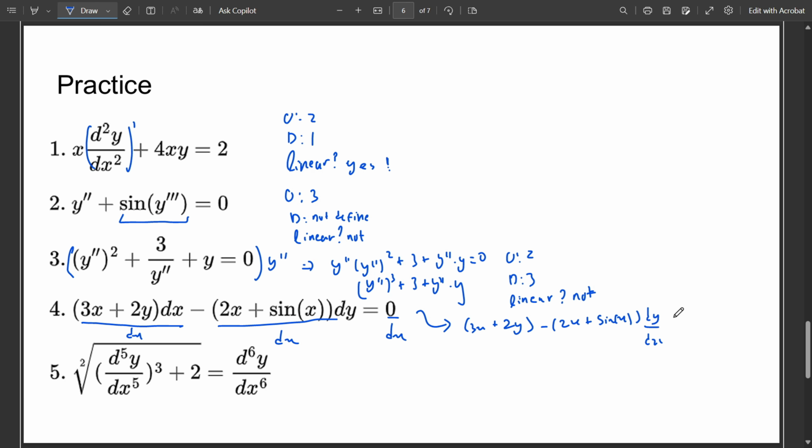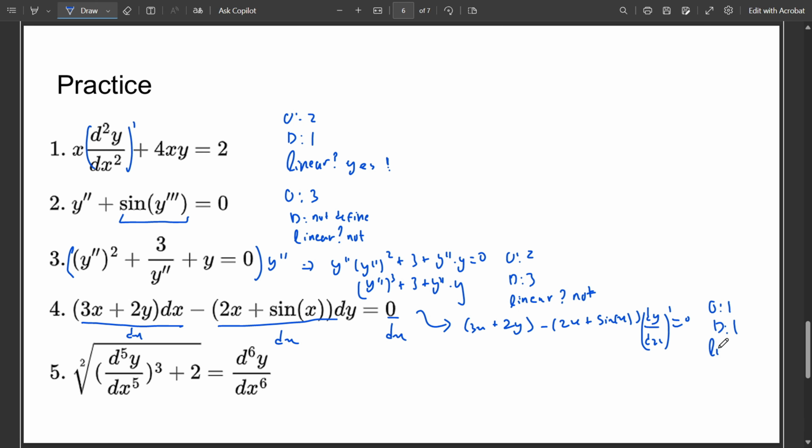As you can see, the highest derivative is just dy by dx, so the order is 1. The degree is 1 because the power of the highest order is just 1.